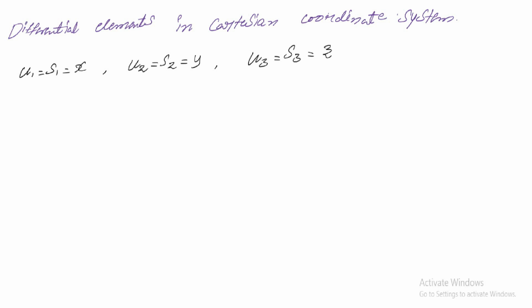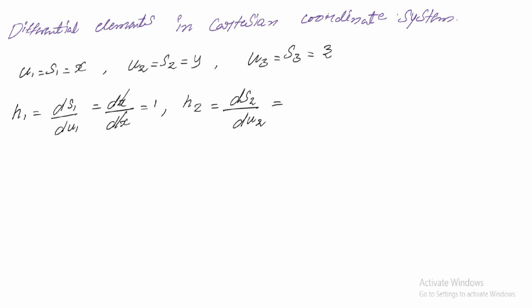So from this, what will be h1? h1 is equal to ds1 by du1. What is s1? x. So ds1 becomes dx and u1 is x, so du1 becomes dx, and it becomes 1. Similarly, h2 is equal to ds2 by du2. s2 is equal to y, so this becomes dy, and u2 is equal to y, so this becomes dy. This gets cancelled, it becomes 1.